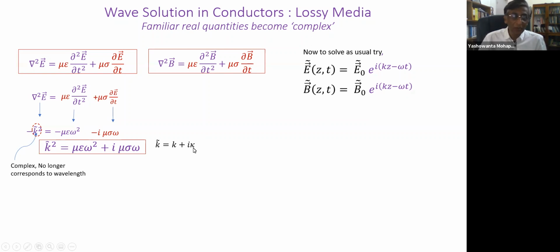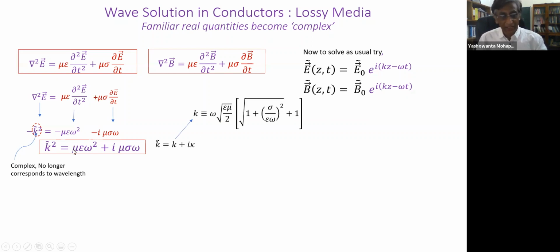Here I'm using Griffiths' notation, which is kappa, and that's a new quantity now. Of course, since it's k, this can still probably be associated with a lambda or wavelength, but certainly not kappa. So the real part, if I just solve this, I take the square root, then I take omega out, epsilon mu by 2, and then root over 1 plus this quantity, sigma by epsilon omega, squared.